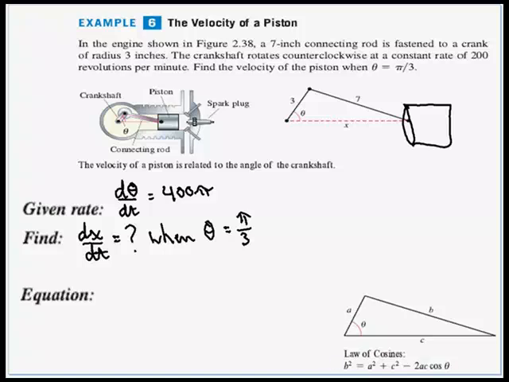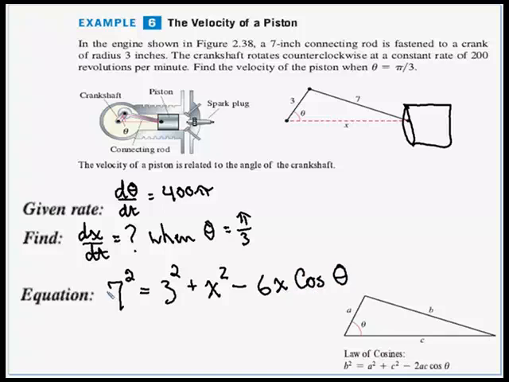Some of this we have known values for that will not change. So if we apply this ABC to the picture above, B squared is going to be that 7, so 7 squared is equal to A squared, A is 3, so 3 squared, plus C squared, and that's our side x, so x squared, minus 2 times A, and A was equal to 3, so that's 6, times C, which is x, cosine of theta.